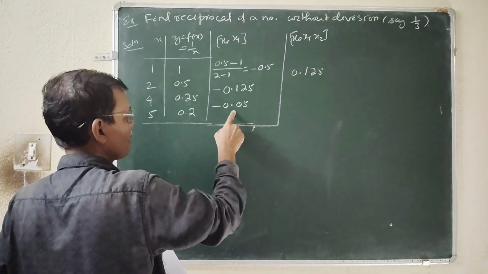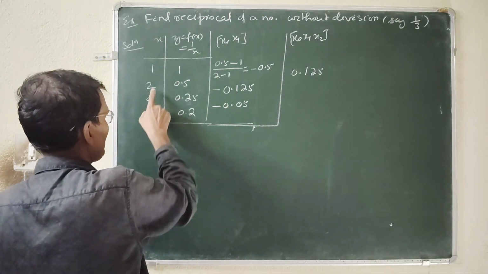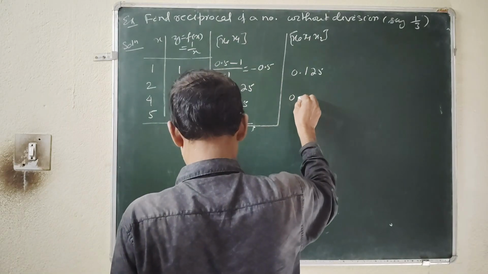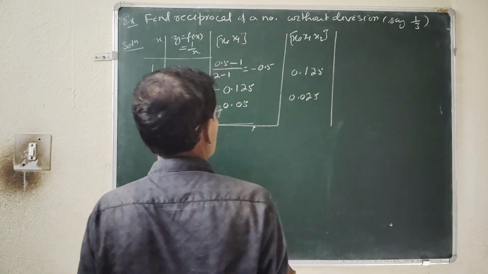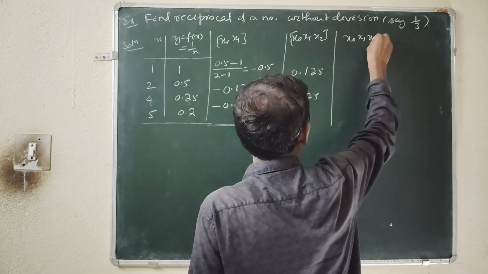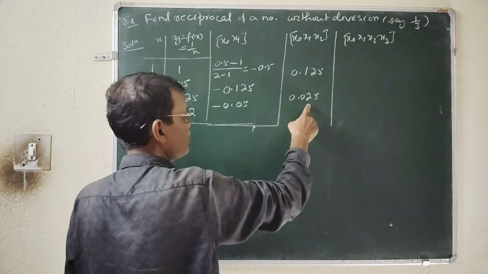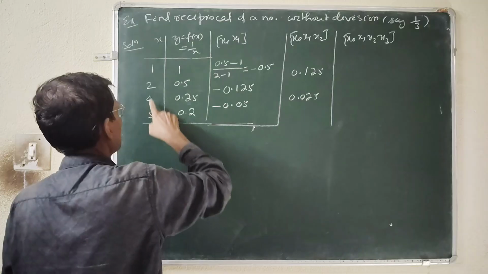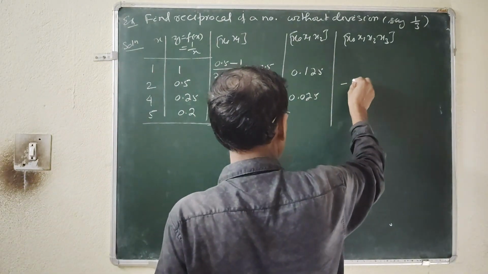Then for the next two values, this data minus this data divided by (5 minus 2), the result is 0.025. This is our second order divided difference. Then you find the third order divided difference: (0.025 minus 0.125) divided by (5 minus 1), so you will get minus 0.025.